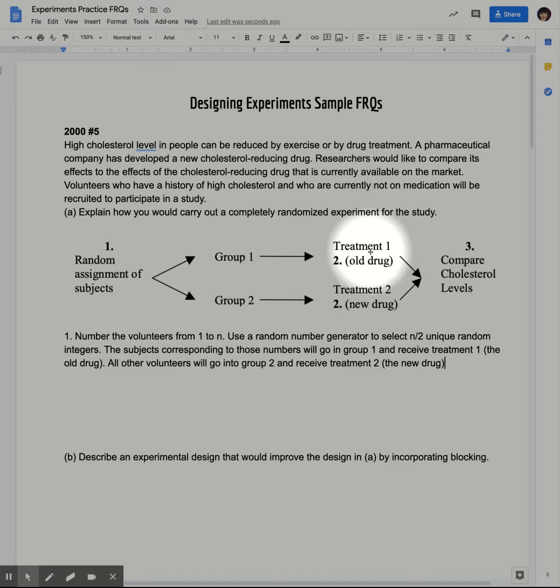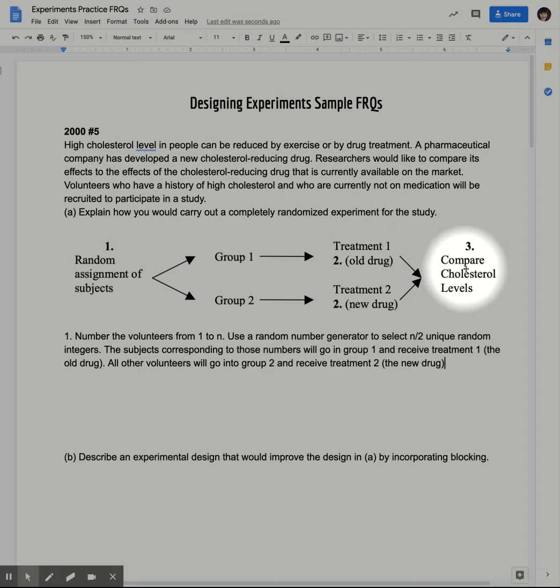So here I did treatment 1 as the old drug and treatment 2 as the new drug. You could have added a third arrow here, a third group, to be the placebo group if you wanted to, but that's not necessary for this experiment. But you wouldn't get any points marked off if you included it. So it's kind of up to you.